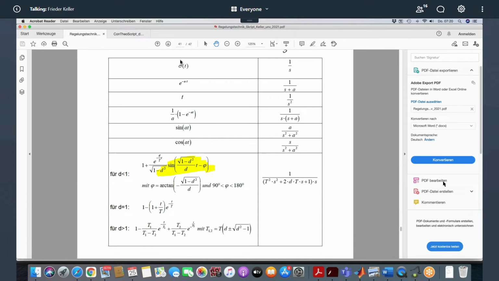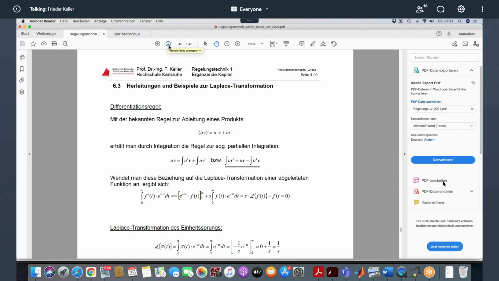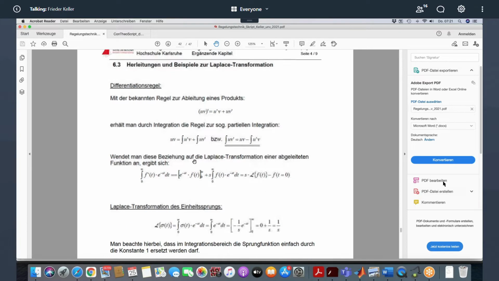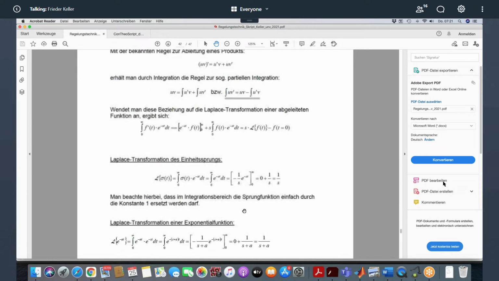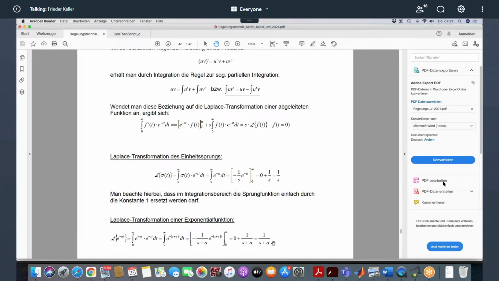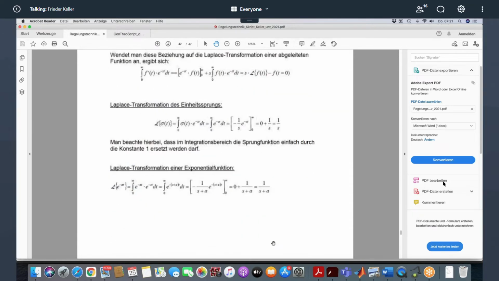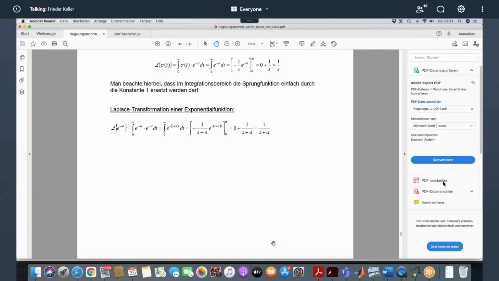And then come some examples. First some derivations, some rules which we derived here. This differentiation rule, we did also the Laplace transformation of the unit step, and here there is also the exponential function shown, which we also have done, and so that's it so far.